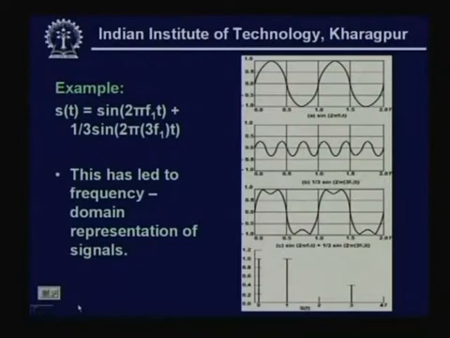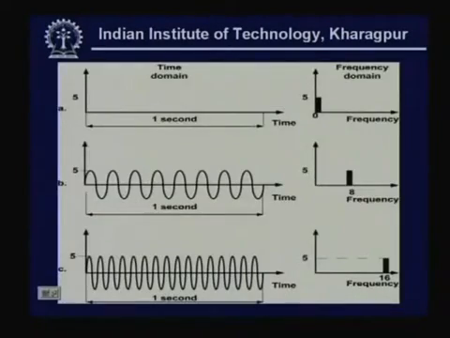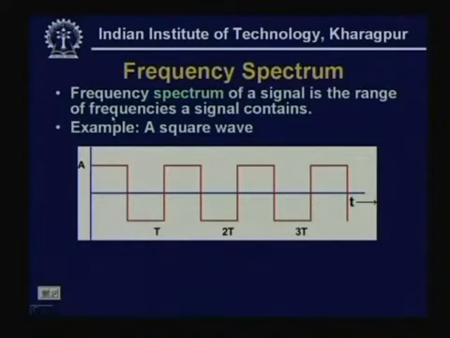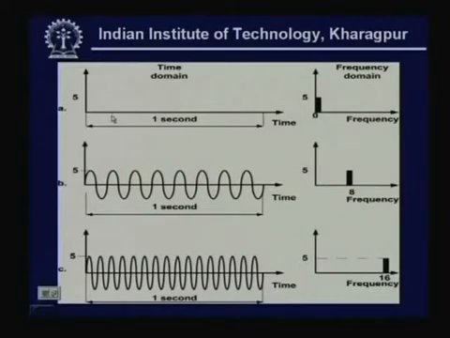Now let us consider several examples of time domain and frequency domain representations. Here, diagram A gives you a signal. This is 1 second, and within 1 second, how many pulses are there? 1, 2, 3, 4, 5, 6, 7, 8.